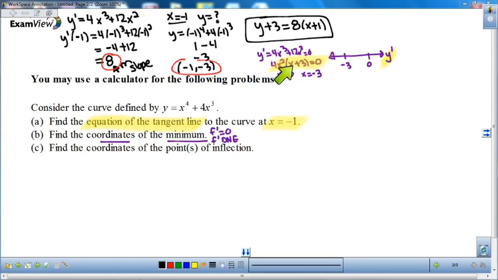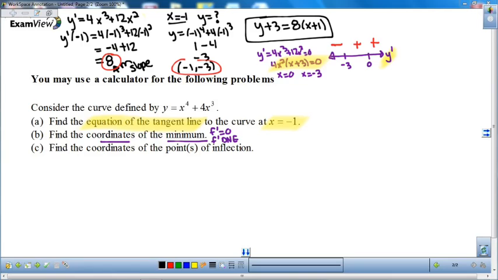So I'm just going to check the x plus 3. So -4 plus 3 is going to give me a negative. From -3 to 0, I'm just going to check -1. So again, this is always positive. -1 plus 3 is positive. And then to the right of 0, I'm going to check 1. So 1 plus 3 is positive.